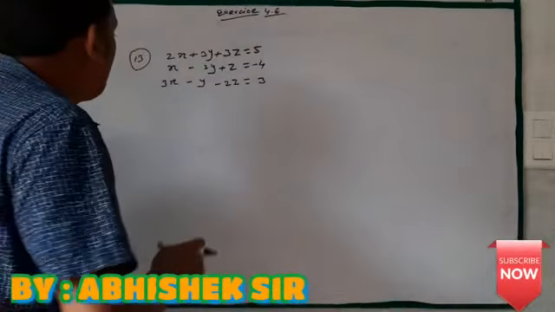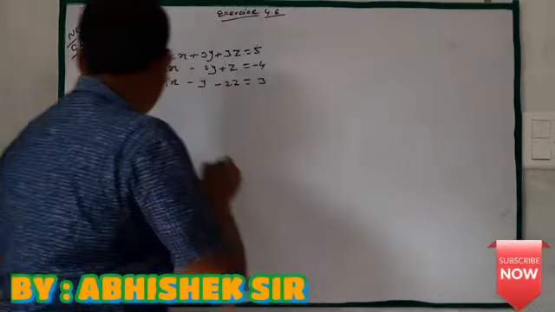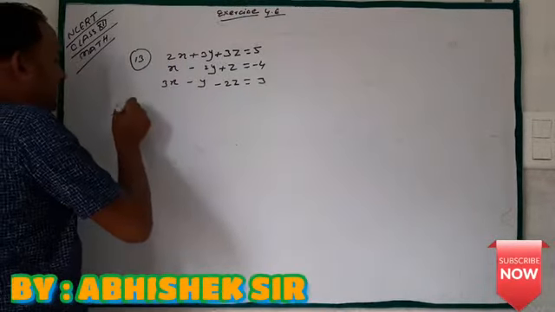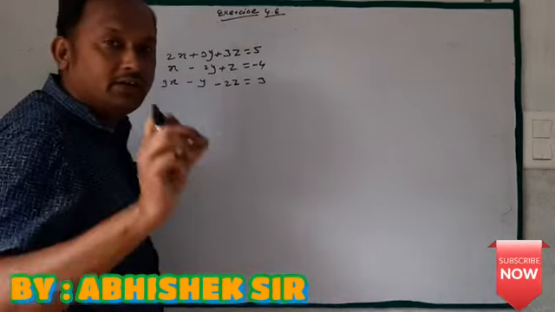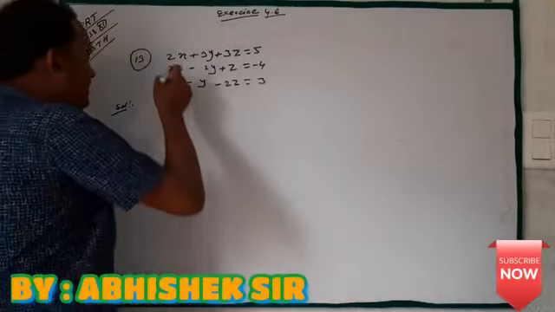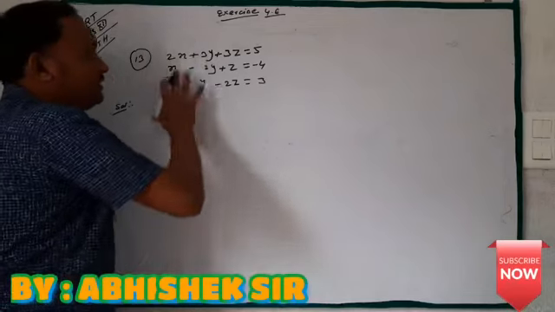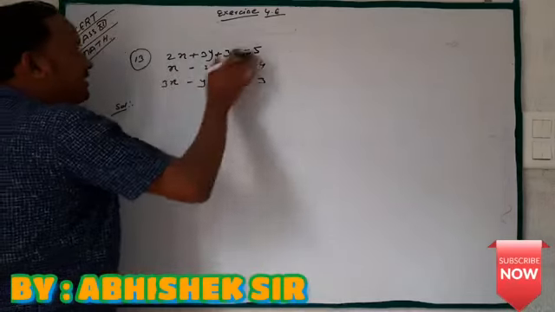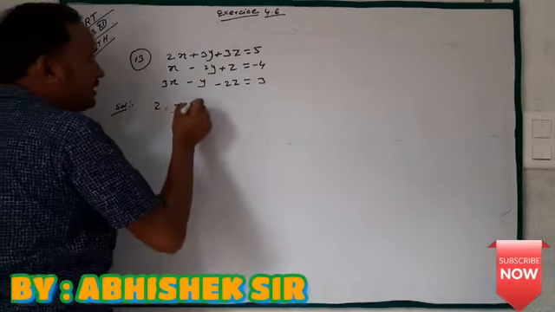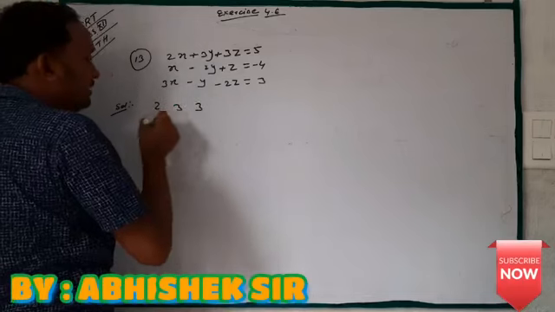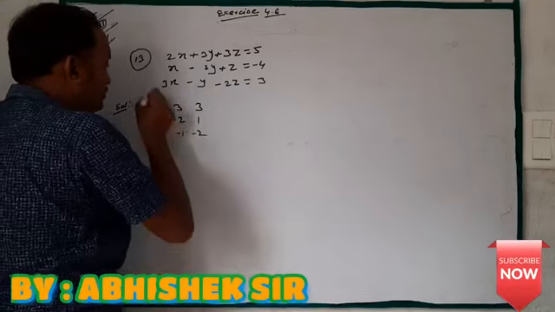Students, we have to solve these equations by matrix method. Let's see how can it be possible. At first we have to write matrix A. What is matrix A? The matrix consists of coefficients of given variables, which is 2, 3, 3, 1, minus 2, 1, 3, minus 1, minus 2.